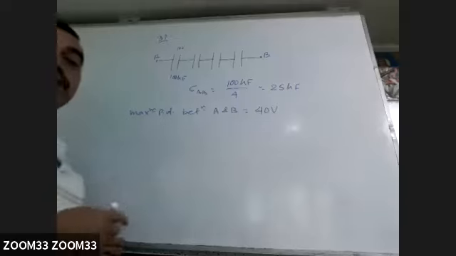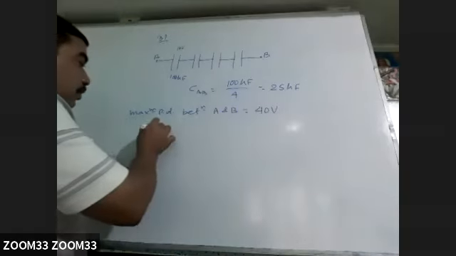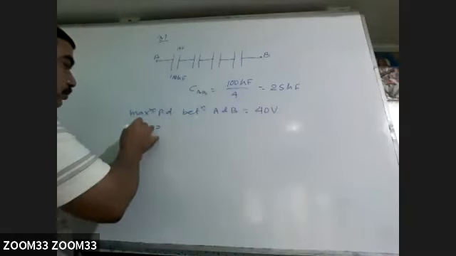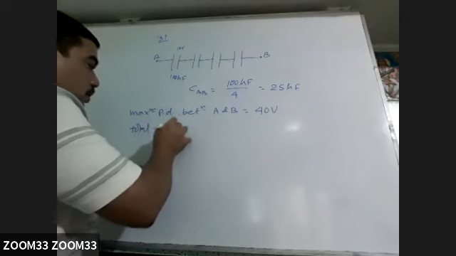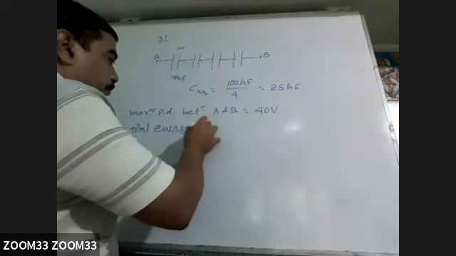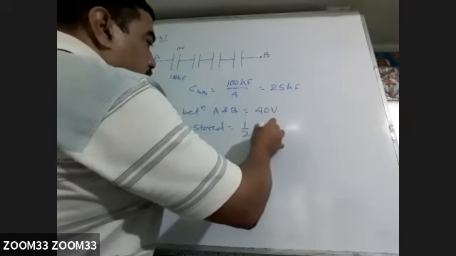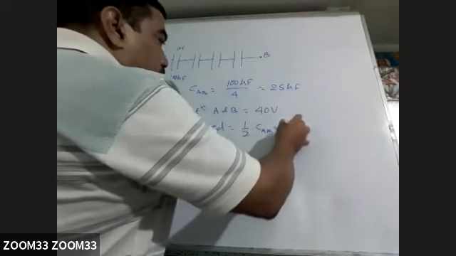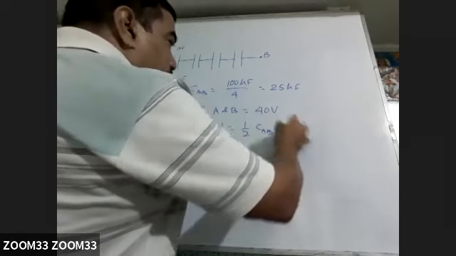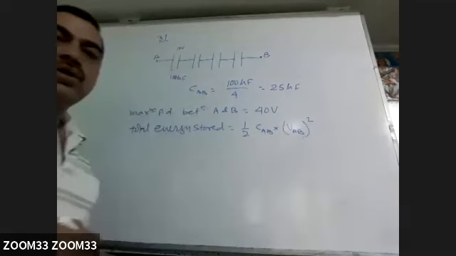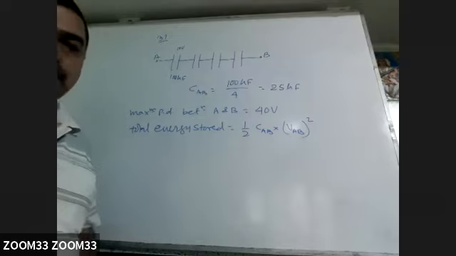Now, what is the energy stored? Total energy stored will be half C_AB into V_AB square, half CV square, the equivalent capacity and potential difference.